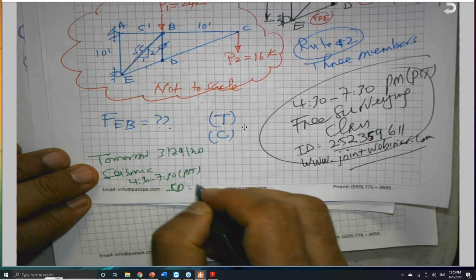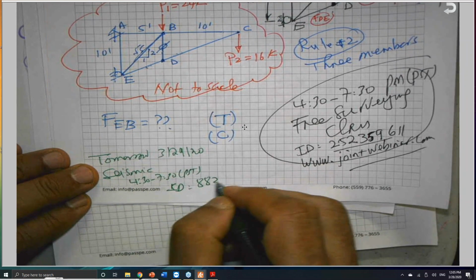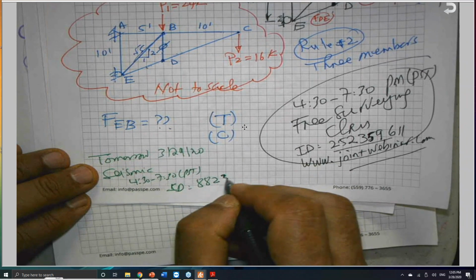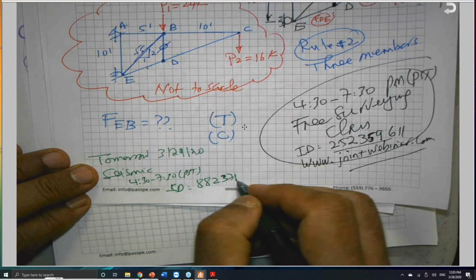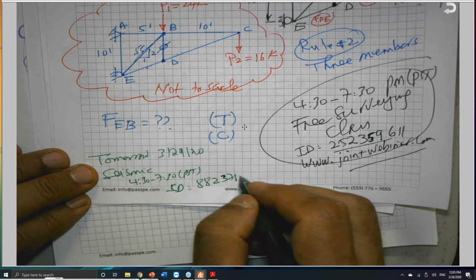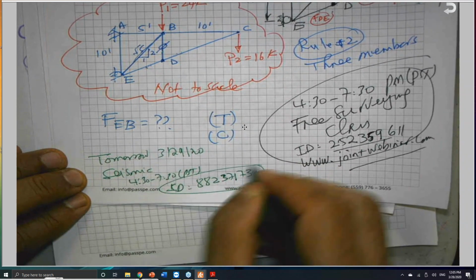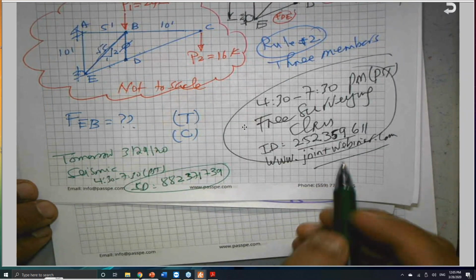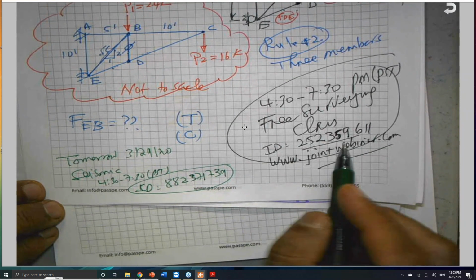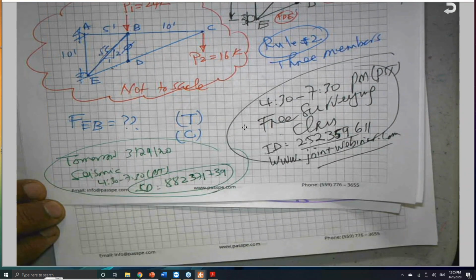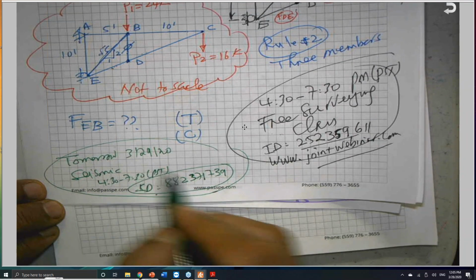And the ID for that, let me see here, seismic. Here it is. ID is 882-371-739. Those are the two, and they will be void after tomorrow. So this will be void tonight after we finish this, and this will also be no more after tomorrow.